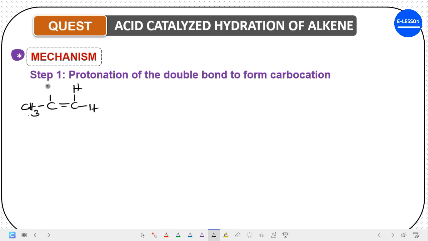Now what is the name of this reactant? You call this propene, or you can call it prop-1-ene.